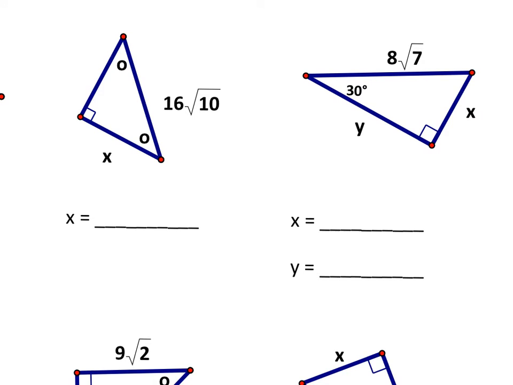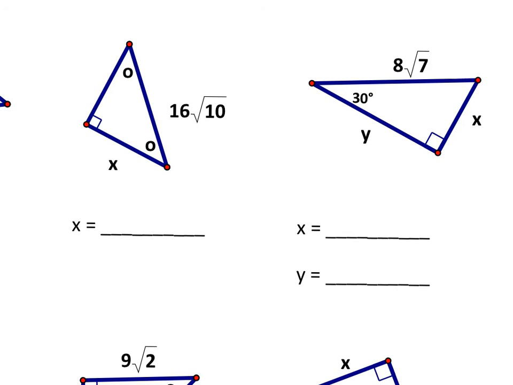Next problem, looks like again we have that 45, 45, 90 triangle. So going from long to short, we're going to be dividing by square root of 2, which means 16 radical 10 divided by radical 2. We're going to divide the radicals and get 16 radical 5.